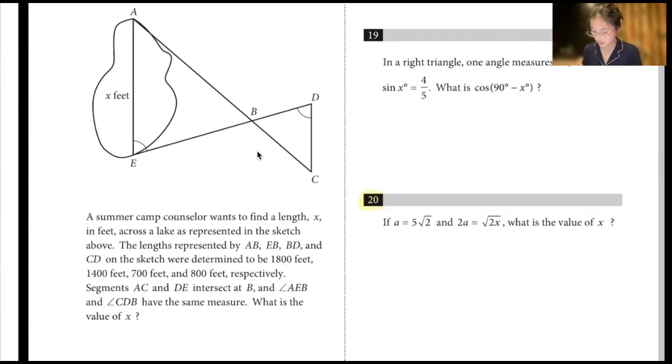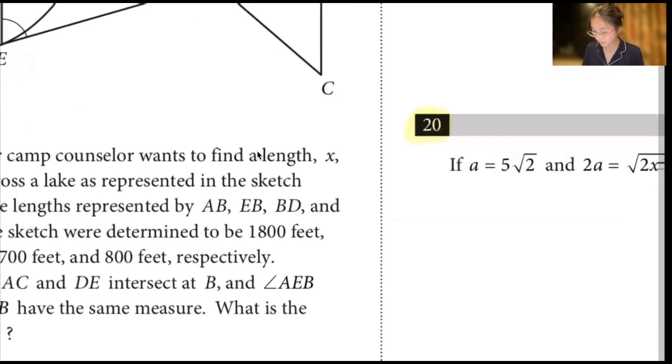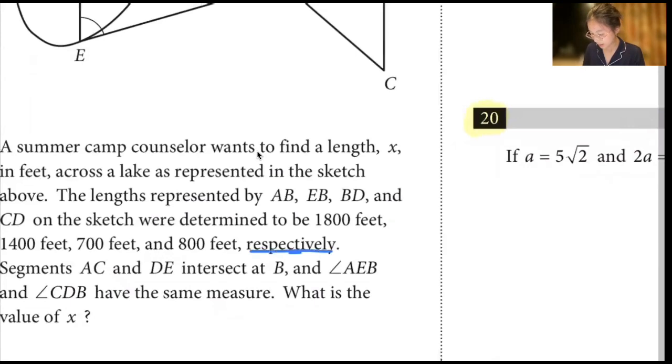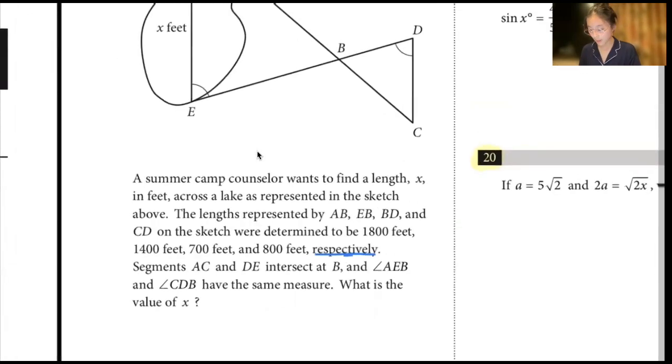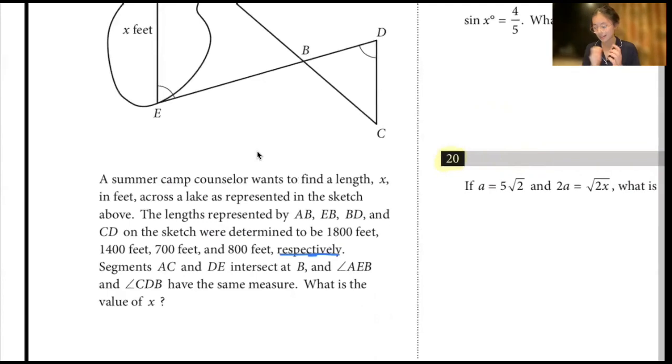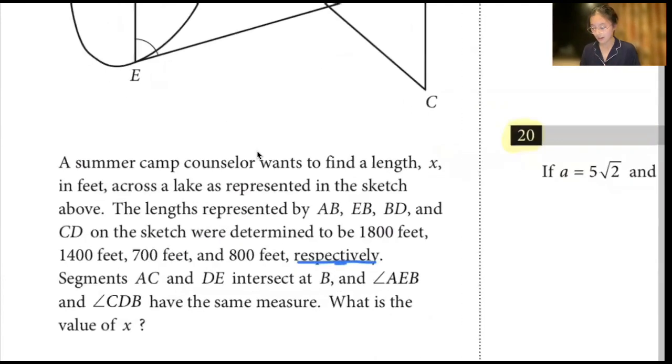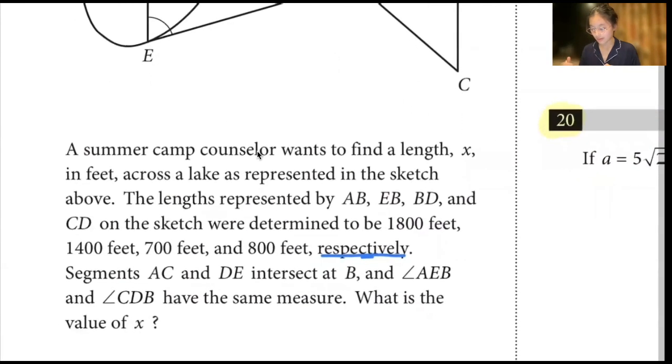So here, this is the keyword, respectively. If you're one of the lower graders, this might be the first time you've seen this, but respectively means in the same order as the description that came before that.